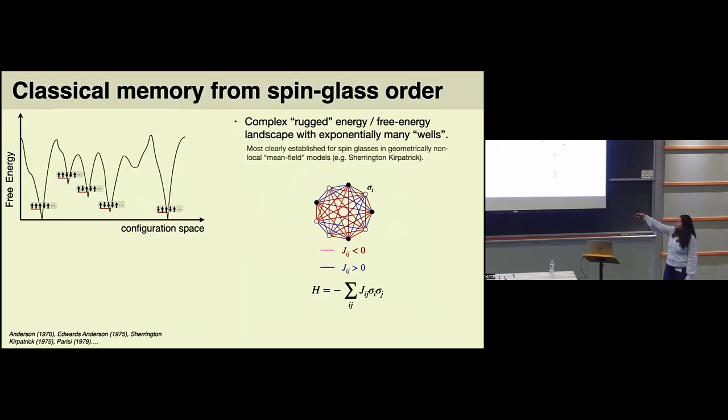There's some spin configuration at the bottom of each of these wells. This type of picture is most clearly established for models in very non-local geometries, or mean field models, where suppose you have some all-to-all connected system with random positive and negative couplings. This is known to have spin glass order, like the Sherrington-Kirkpatrick model.